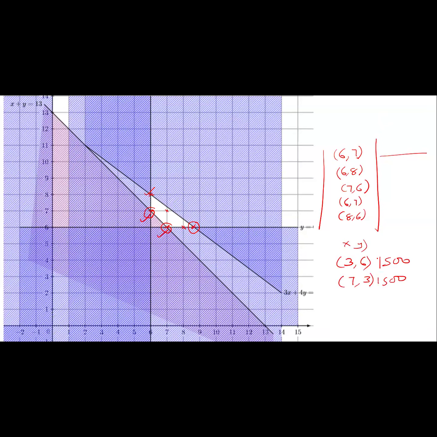And when you look at the condition, they told you that the number of trips of Y must be at least 4. Now you go back, look at the inequalities, and conclude that, much as both are giving me the same value, the one with Y equal to 3 does not satisfy the inequality that Y must be greater than or equal to 4. So the best option is this.